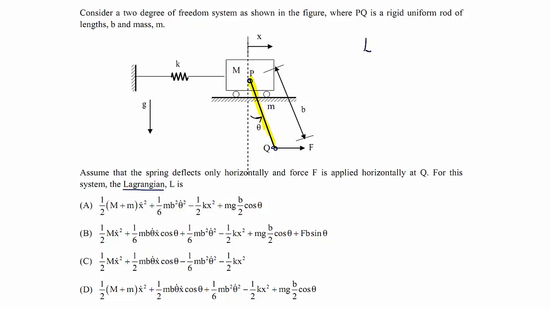So Lagrangian L is equal to T minus V. T stands for kinetic energy, and V stands for potential energy. Now here we are required to sum up all the kinetic and potential energies.